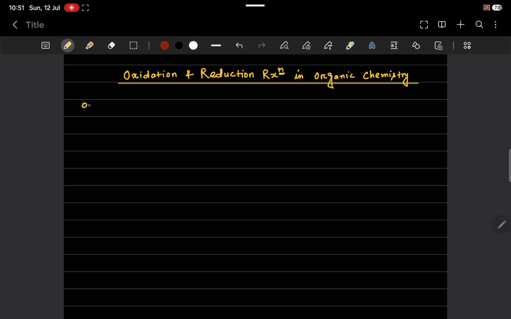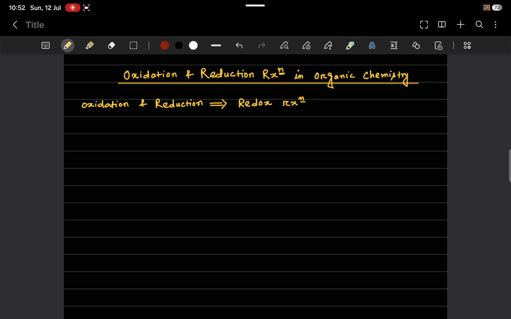Any oxidation and reduction reaction, either in organic chemistry or in inorganic chemistry, is basically a redox reaction. And in most cases, not in all cases, you will find that some electron transfer is happening from one species to another species.